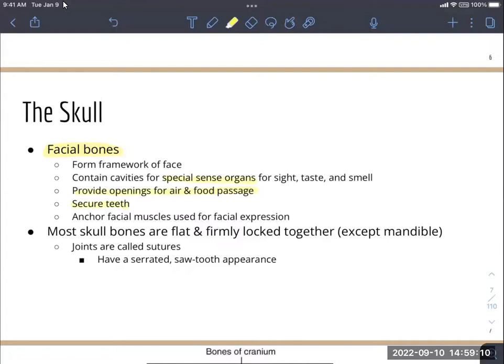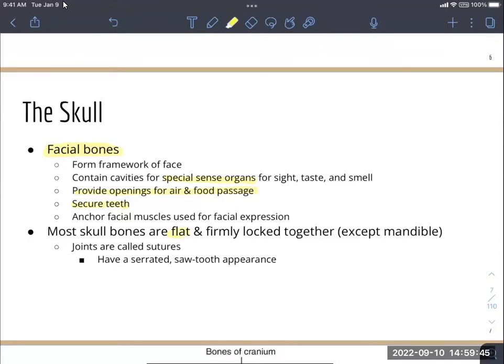Your facial bones also have your muscles of facial expression. We'll go into those when we get to the muscle chapter, but there's muscles specifically attached to the bones in your face that let you smile, let you squint your eyes, let you look angry or stressed or confused, all of it. So most of the bones in your face and your skull are flat.